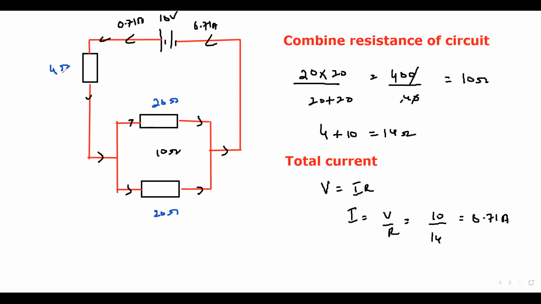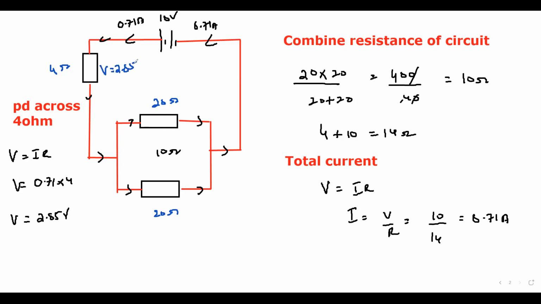So now we know the current in this 4 ohm resistor. We can find the potential difference, or voltage, across the 4 ohm resistor. V equals IR, where I is the current, 0.71, and R is the resistance, 4. So 0.71 multiplied by 4 is about 2.85. The voltage dropped across this resistor is 2.85.